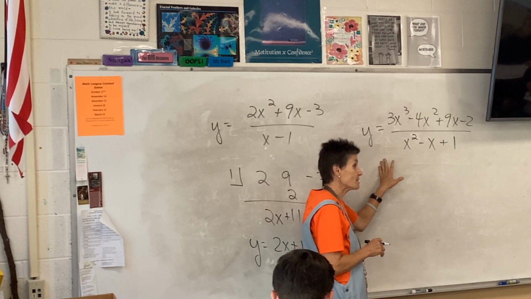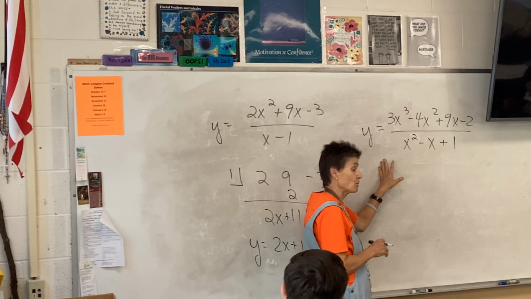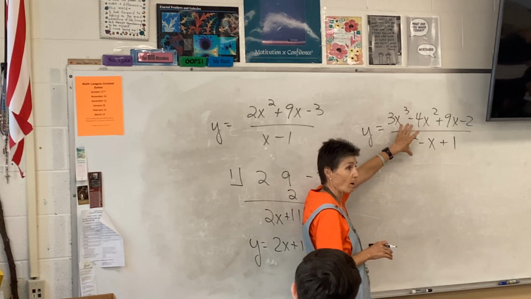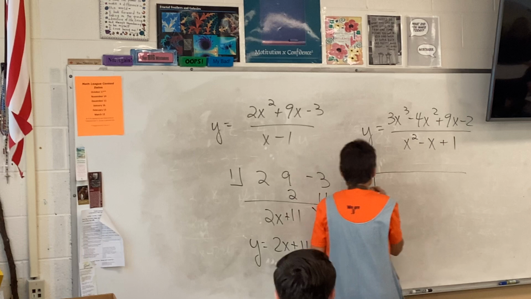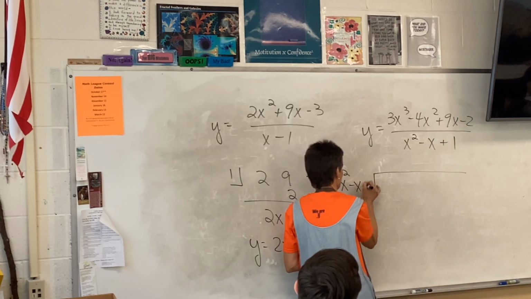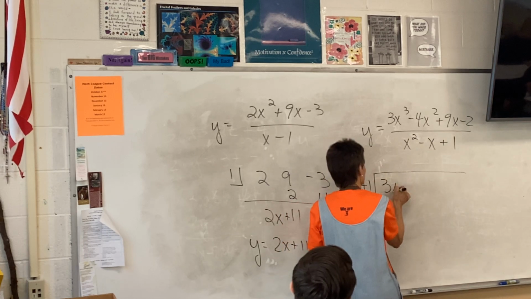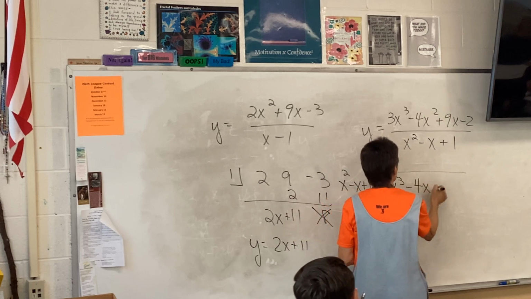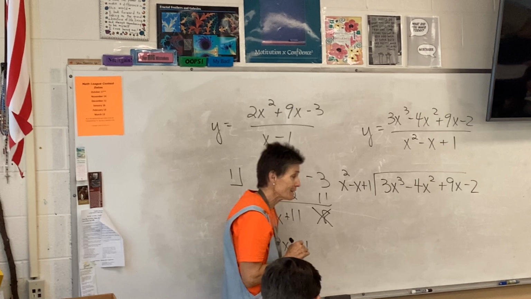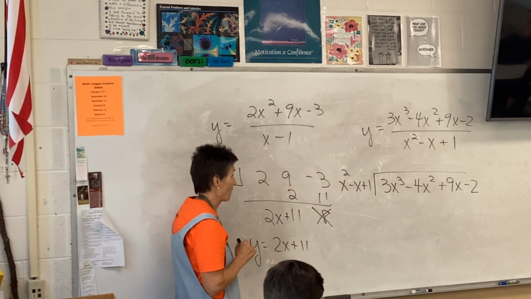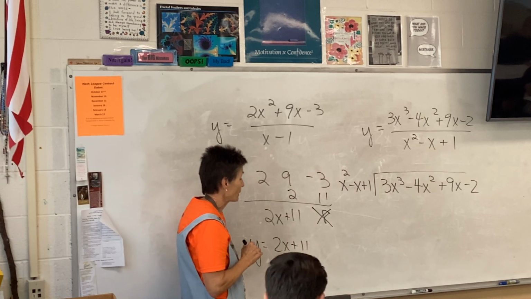To find the slant asymptote, you're going to divide. This is a division problem. You're going to do the division. So, you can always do long division. So if you are one of those warped individuals that likes to do long division, you can always do it. It will work all the time. Synthetic division does not work all the time.